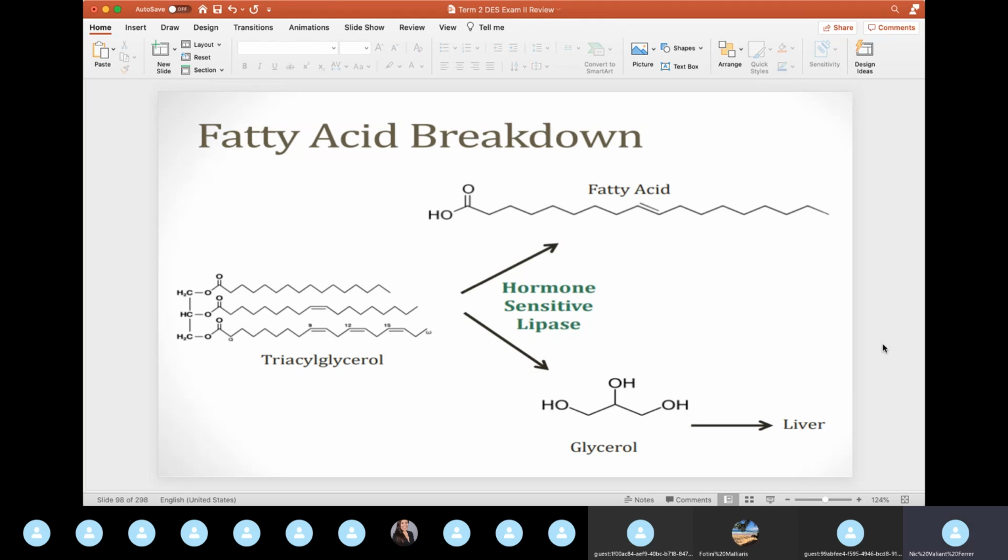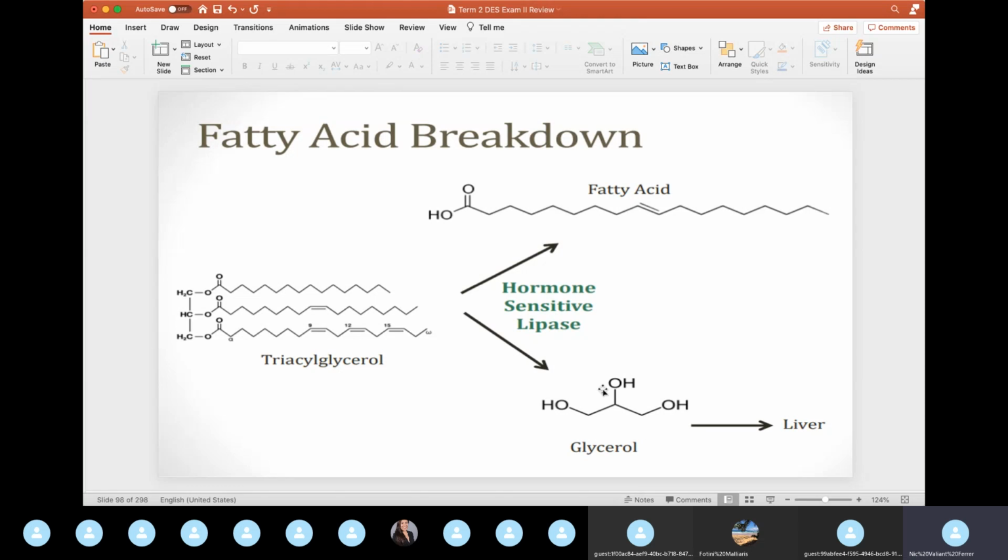Now, that's the citrate shuttle for making fatty acids. How about we break down fatty acids? When glucagon or epinephrine is ruling, what happens? So you have your triacylglycerol molecule, you have the glycerol head here, and you have the 3 fatty acids there. You have HSL, hormone sensitive lipase, to break it down.